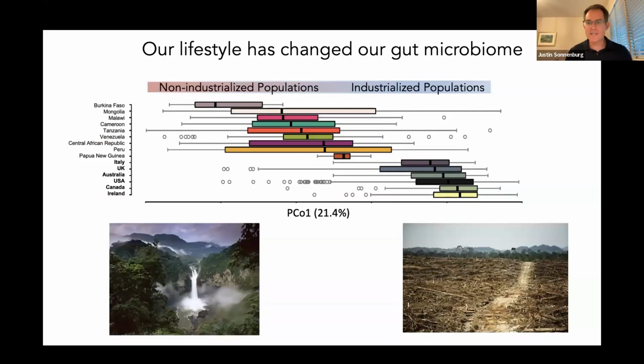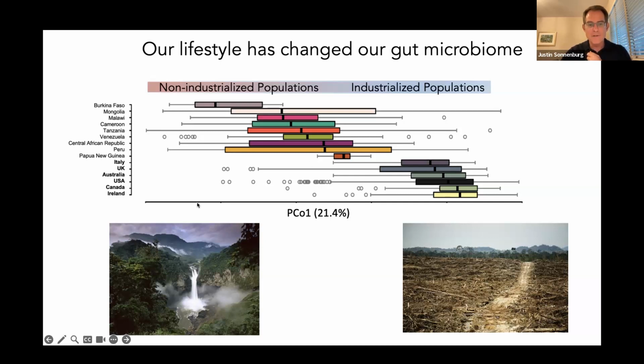Now, we know our lifestyle has changed beyond diet, but the question is, what has happened to our gut microbiome? I had a former graduate student bring together all the microbiome data that he could find and put it onto one graph. For all of the different populations listed on the left here, he took the microbiome data that had been published for these populations and included the Tanzanian data from our Hadza population.